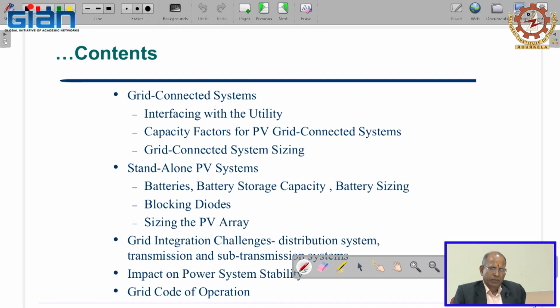Then the standalone system: batteries, battery storage capacity, battery sizing, blocking diodes. We talked about blocking diodes in a previous topic as well. Then how we decide the sizing of the PV system for a standalone microgrid or standalone PV system.